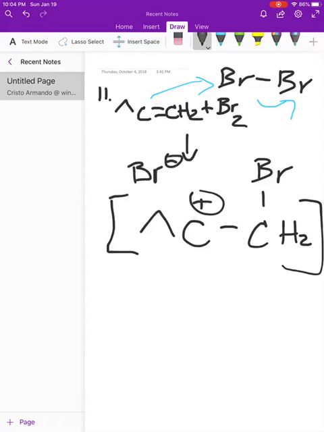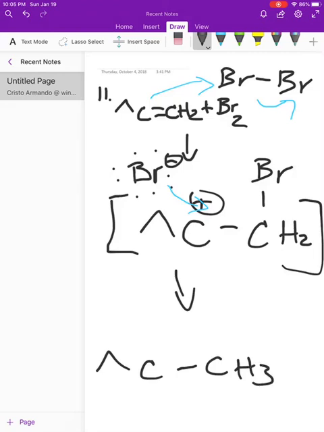And then the other bromine is again going to add right here. And finally, our product looks something like this. Right?